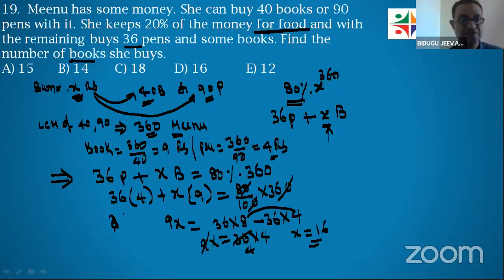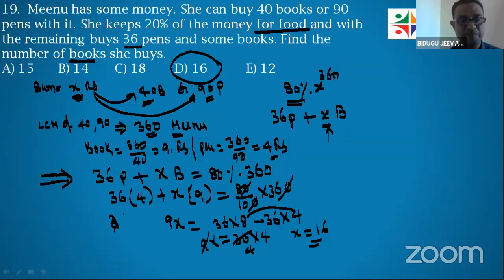I hope many of the people understood this one. See, it's very simple. If you take the LCM, we'll get it easily. It's the only simple method. Once you write the equation, it's simple. Let me explain once again. Please respond clearly, because we are doing different flavors, different models of the questions.